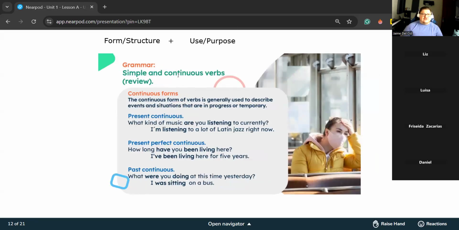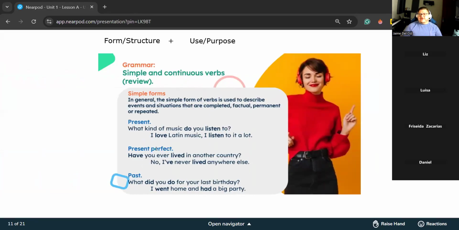What is the purpose or the reason behind the continuous forms, the use of it, and the form or the structure. Okay. So let's go ahead and talk about this just for a moment. Let's talk about the simple forms, and I want some of you to help me after this little review.